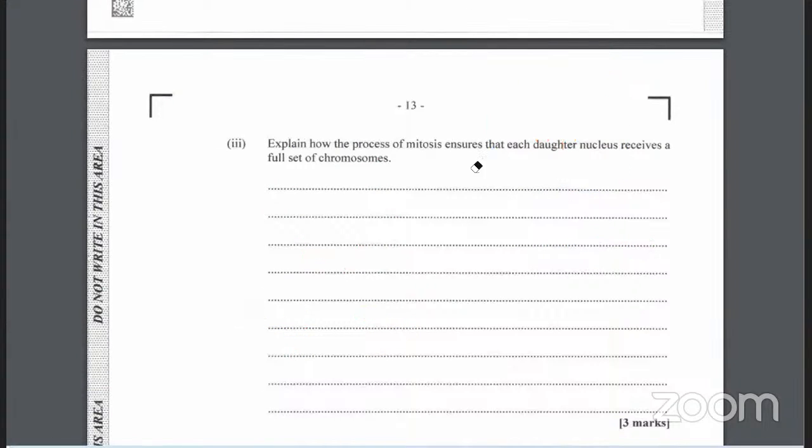Explain how the process of mitosis ensures that each daughter cell nucleus receives a full set of chromosomes. Well, the first thing that happens is we have the duplication, right?